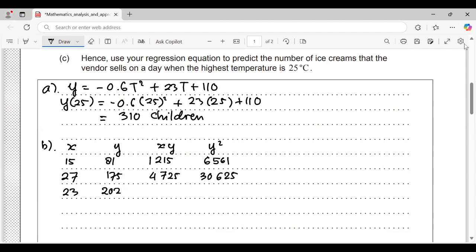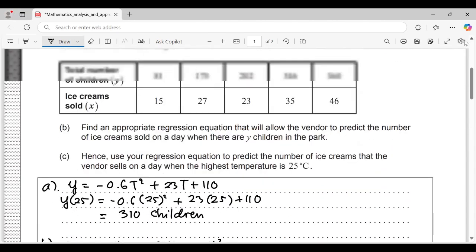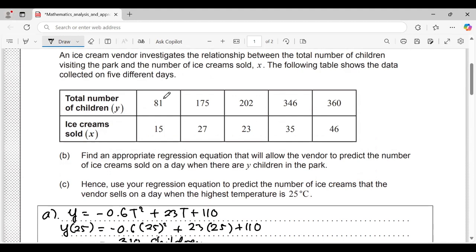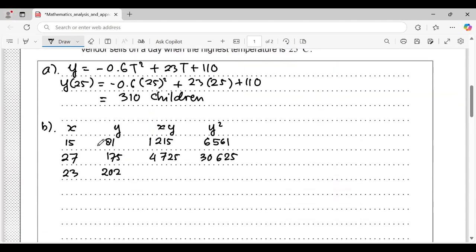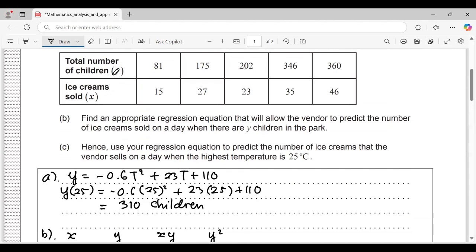The data is taken from this table: 81, 15, 175, 27, 202, 23, 346, 35, 360, 46. Okay, this is the table of x, y, from this one, x and y.